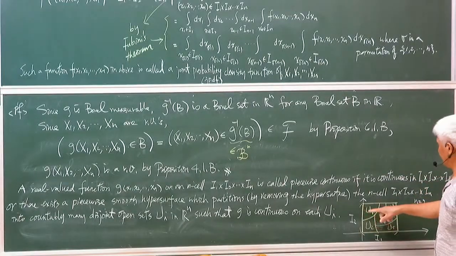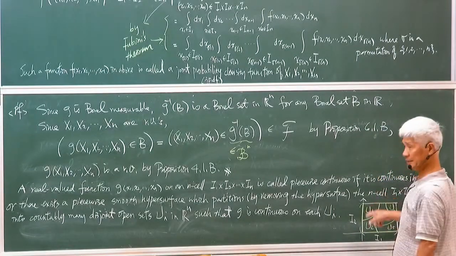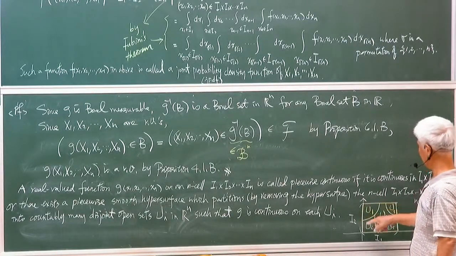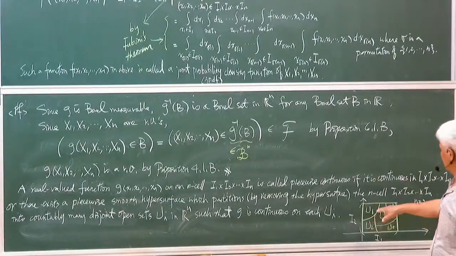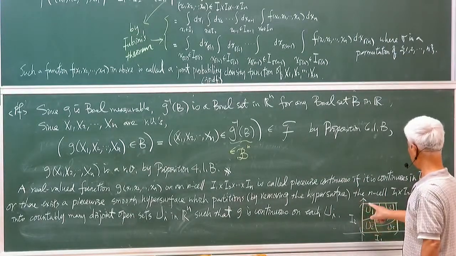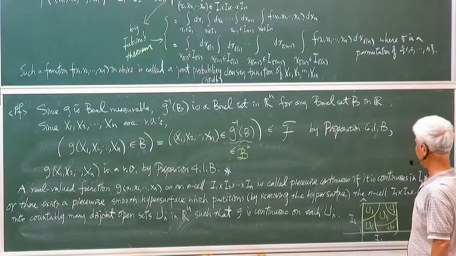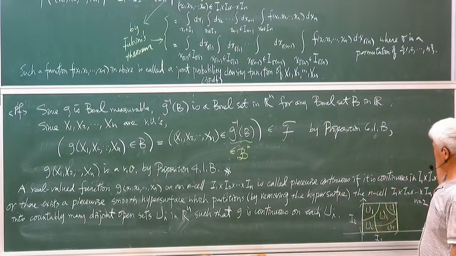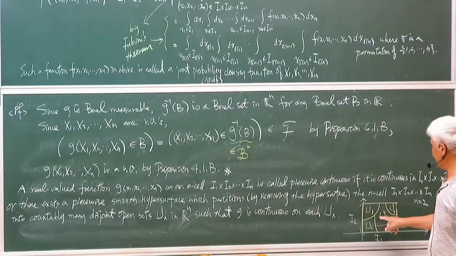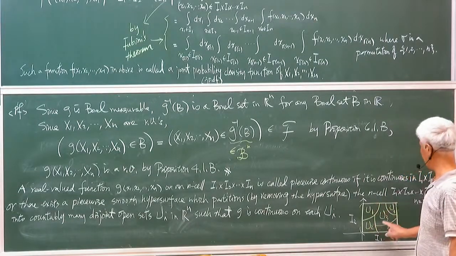So we have a rectangle here, and the hypersurface consists of all the green boundaries here, right? Some are line segments and some are curves. Okay, and so after removing the hypersurface, then we get countably many disjoint open sets, U1, U2, U3, U4, and U5.